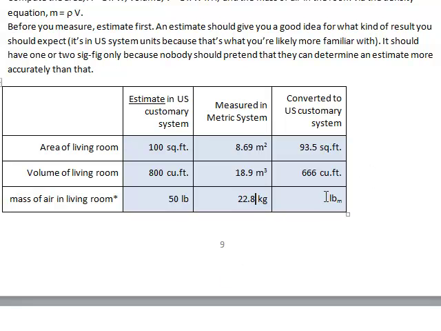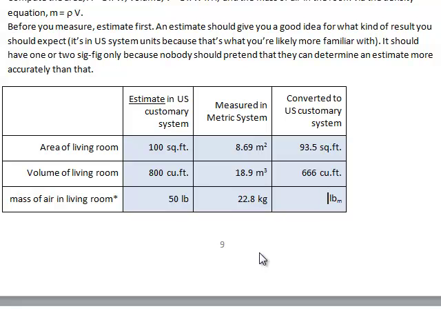Now, in order to convert to the mass unit in the US customary system, that would be actually the slug, if you look it up, SLUG, but we don't use it very often at all, so the pound mass is being used more often in everyday language, even though we don't even say pound mass, we just say pounds, but correctly it would be for the mass, the pound mass.